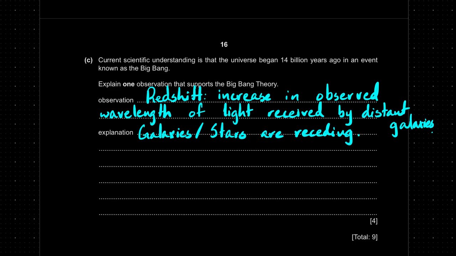Also, we know that light from more distant galaxies is more redshifted. So that shows a greater increase in wavelength, and galaxies further away are more redshifted.